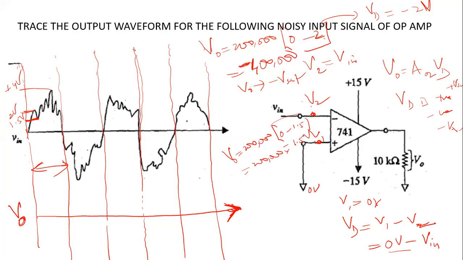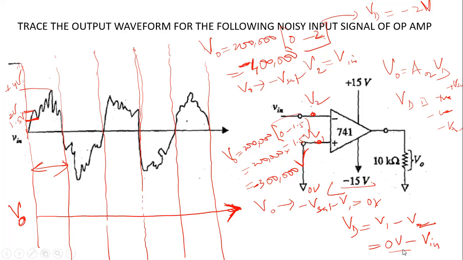A negative difference voltage means it will go to negative saturation again, because even if you multiply it, 15 into 2 is 30, so it is 300,000. It will go to negative 300,000, but it cannot exceed minus 15 volt. So V naught will again saturate to a certain negative saturation voltage, slightly less than minus 15 volt.